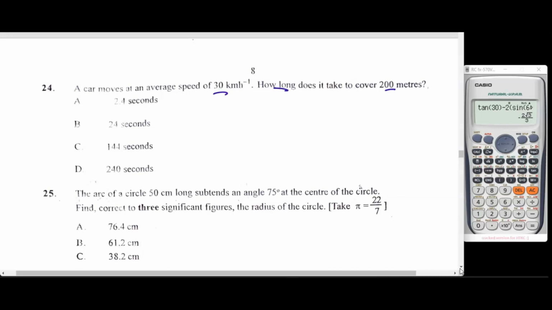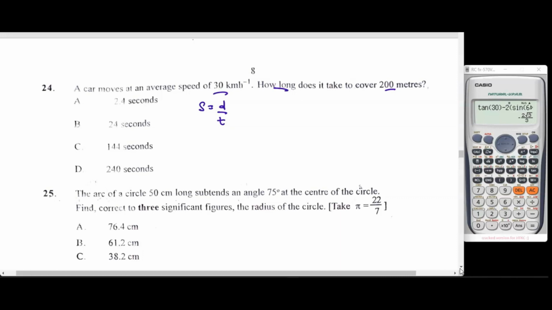We know that speed is equal to distance over time taken, but remember the units must go together. From here, then we need to change the unit of the speed from kilometers per hour to meters per second.